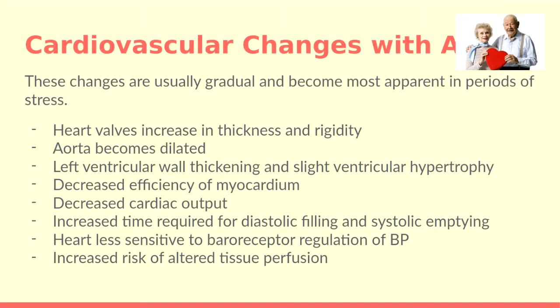In addition, the heart becomes less sensitive to baroreceptor regulation of blood pressure. Receptors located in the aorta respond to changes in blood pressure. A higher blood pressure causes heart rate to decrease and blood pressure to decrease, while a decreased blood pressure decreases baroreceptor activity and causes the heart rate to increase and restore blood pressure levels.